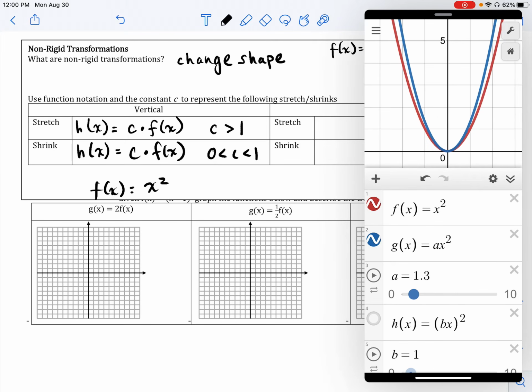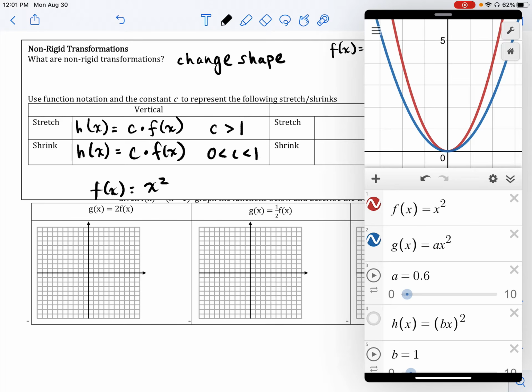So if I put it back to 1 here, just so I can model that one more time, as I increase that constant that I'm multiplying by, I'm applying a vertical stretch, which causes the function to appear as if it's getting skinnier. Now, if I go back to 1, look at what happens as I start to decrease to a value less than 1. As I decrease to a value less than 1, that function is starting to widen out.